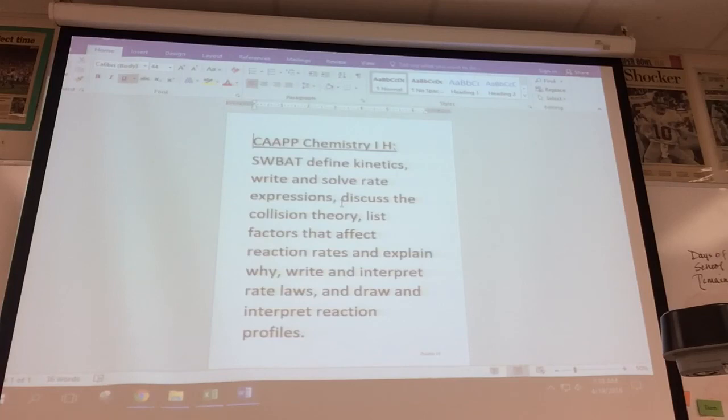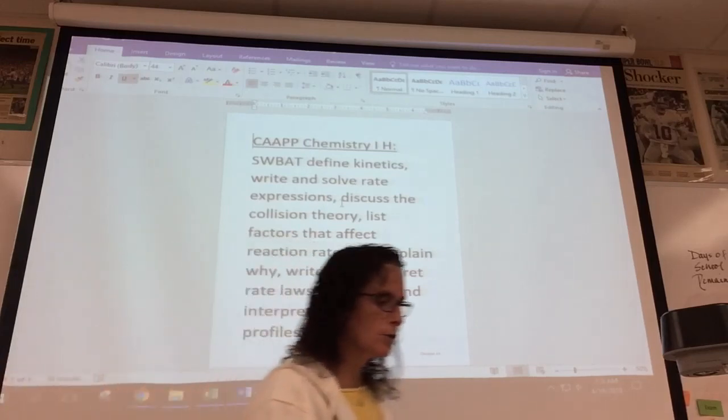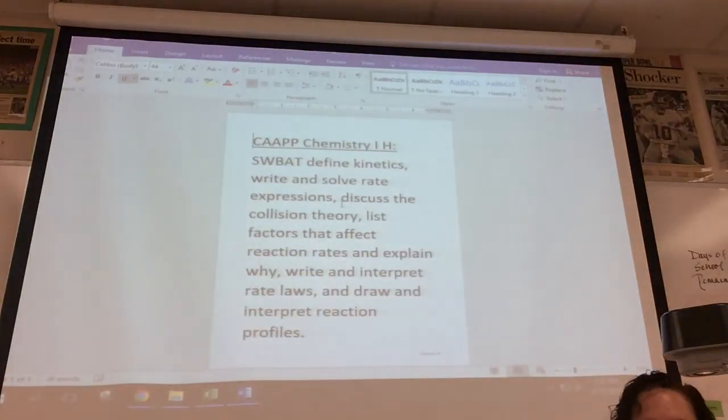To better understand concentration, we introduced the concept of rate laws, and we learned how to write simple rate laws where you have one reactant only.